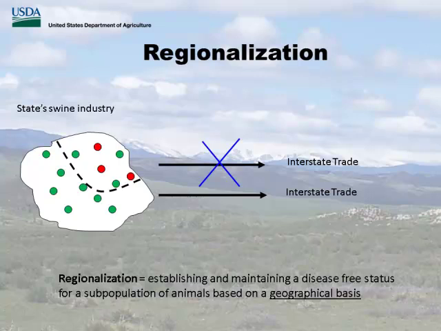So it's on a geographical basis. What can we do? You're seeing more countries apply for this regionalization and zoning, or they'll actually say we don't have it in this part of the country. Again, they have to prove that there are methods to keep it out, that they would know if it's there, the surveillance, and that has to be available to make sure. Once it's there, they can have interstate or international trade from the area they're applying for.